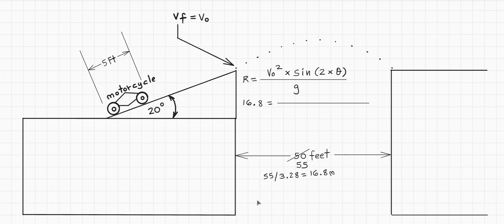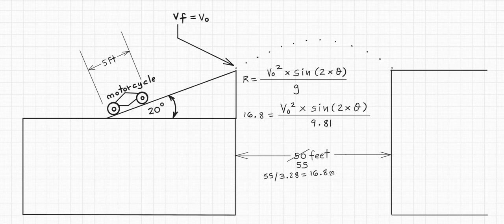So we could take the 55 feet safe distance of range and make it equal to initial velocity squared times the sine of 2 times theta divided by 9.81 meters per second squared, which is the gravitational acceleration on Earth. In the US system, it's 32.2 feet per second squared.